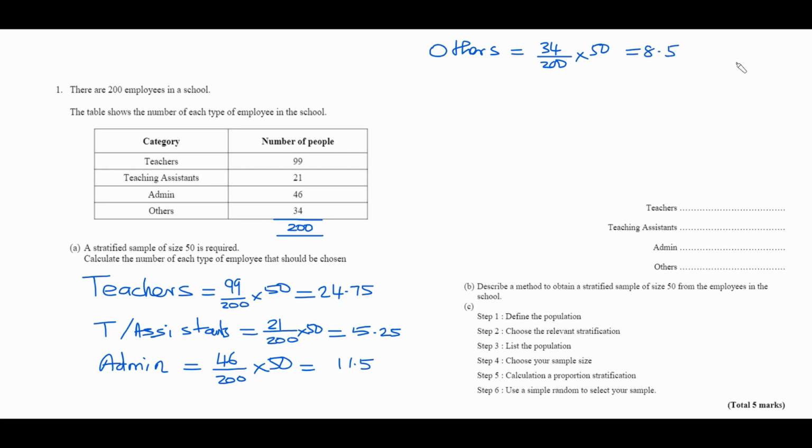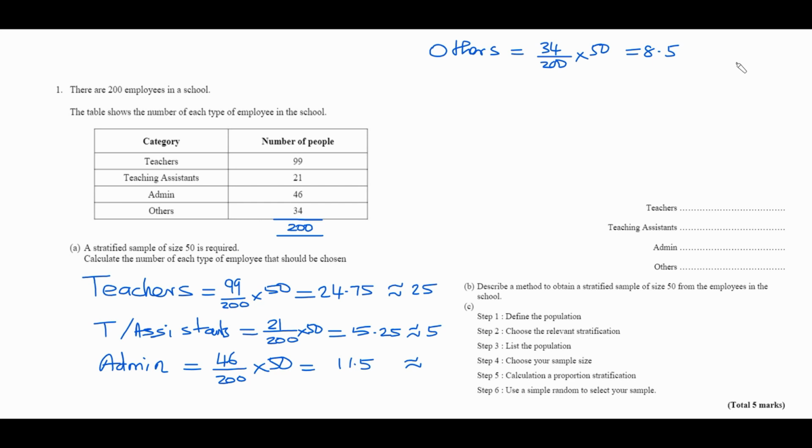Right, now here's the approximation part. You need to approximate 24.75. I'm going to put it as 25, and this one as 5. 11.5 is a little bit of a battle for me, 8.5 also.